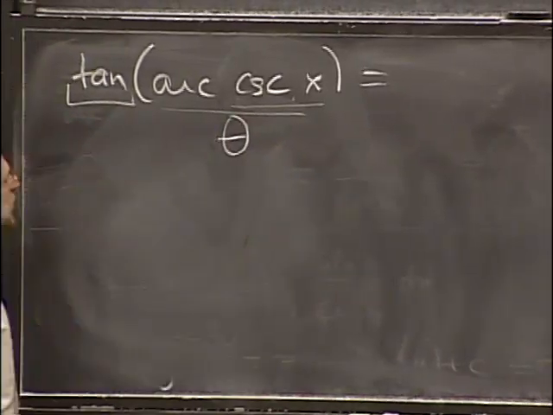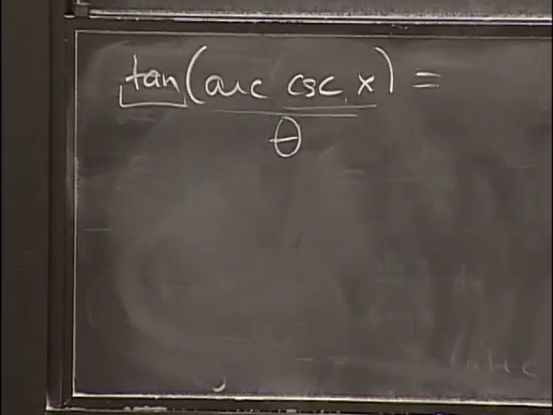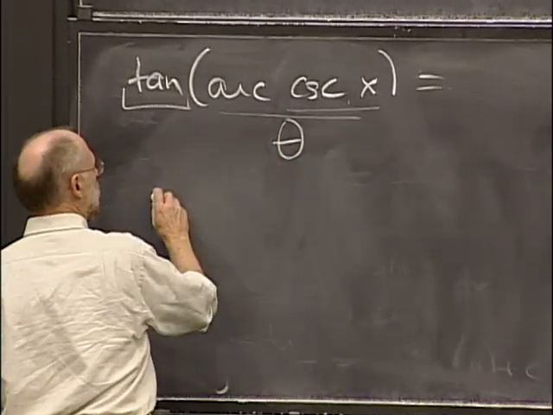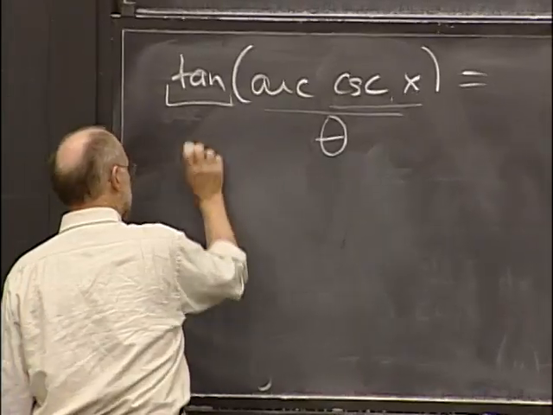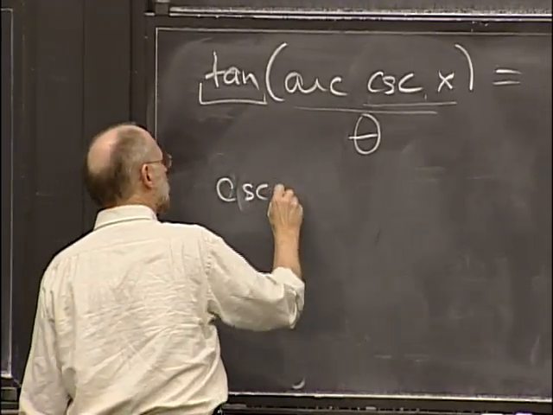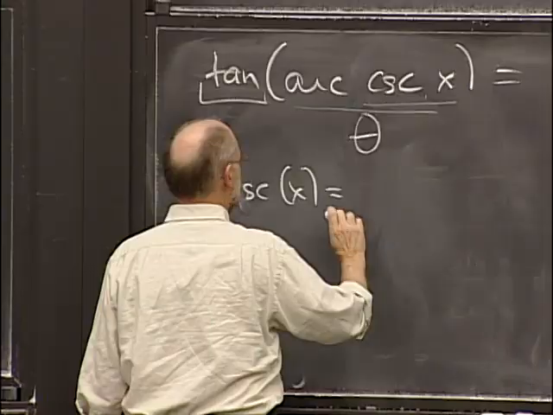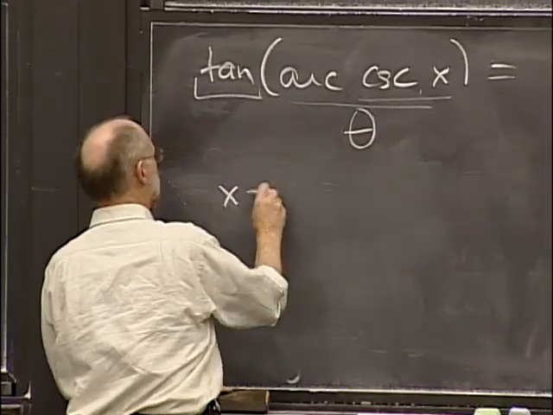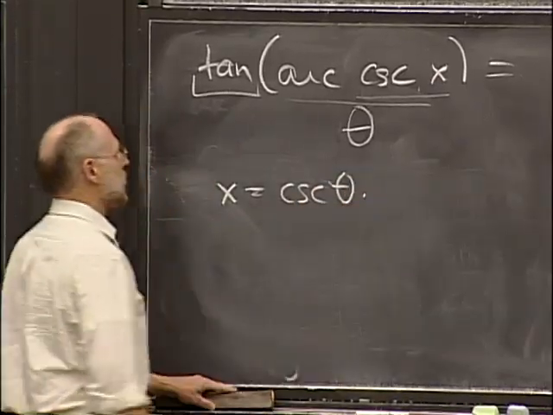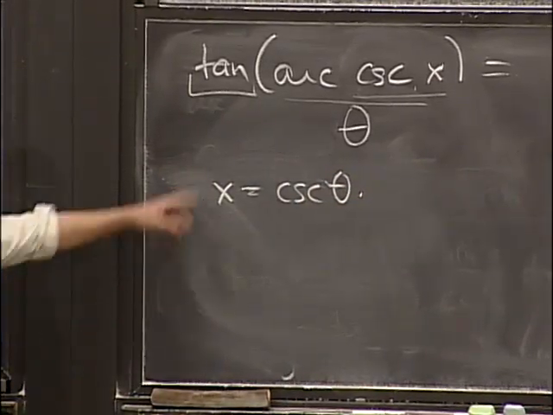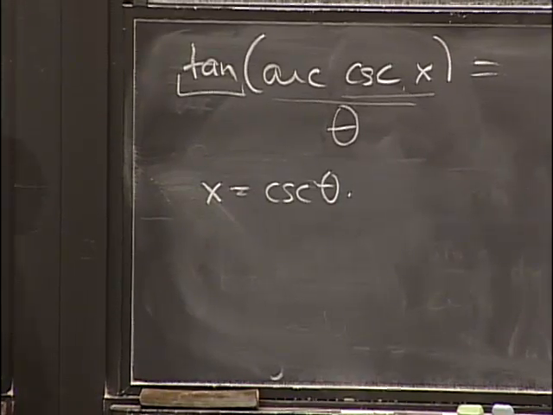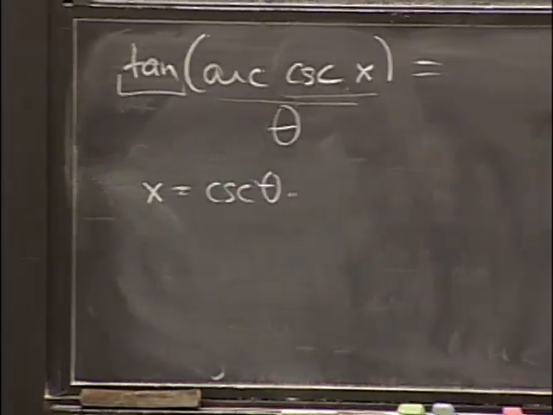This thing is theta. So that means the cosecant of theta should be x. Theta is the arc cosecant, so x is the cosecant of theta. So what will I take the sides to be to get the cosecant?